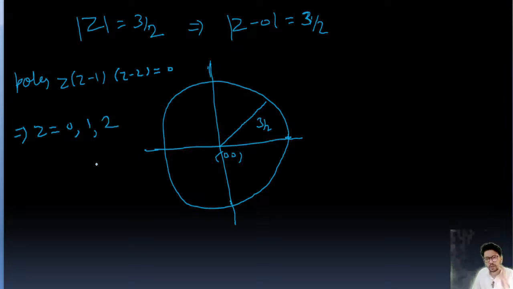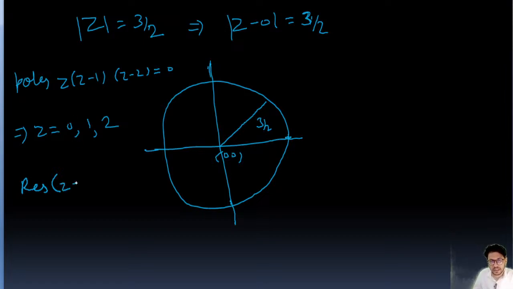Now we'll check which poles lie inside the contour. The radius is 1.5, so z equal to 0 and z equal to 1 lie inside the contour, while 3 doesn't lie inside, so we will not consider that. We will find residues only on those poles which lie inside the contour.